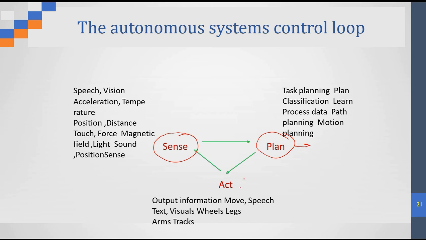Then we come to acting. Based on this information and this plan, we act. And then back to the same loop. So this is the control loop of the autonomous system: sense the environment, plan based on the information received, and act based on this plan.